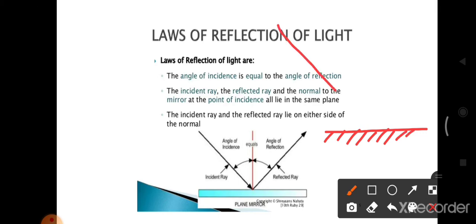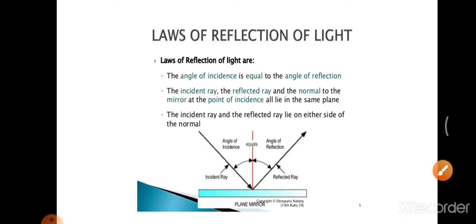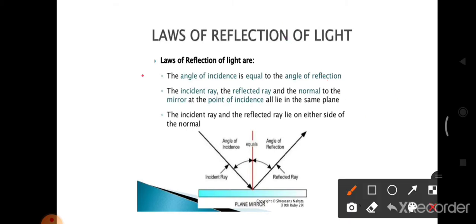When the light falls on the plane mirror, it reflects back. This is called reflection of light. This reflection of light obeys two laws. What are they? See the first law: the angle of incidence is equal to the angle of reflection.